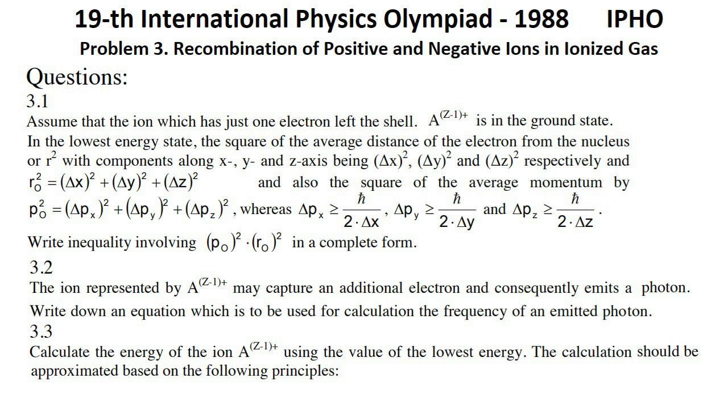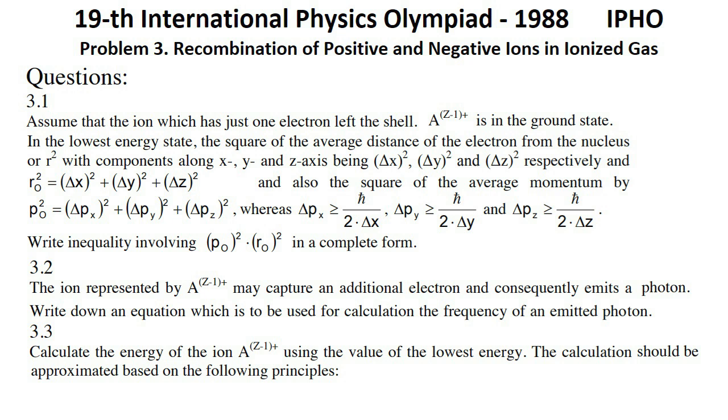In the lowest energy state, the square of the average distance of the electron from the nucleus, r0 square, with components along the x, y and z axes being delta x square, delta y square, delta z square respectively, and r0 square equal delta x square plus delta y square plus delta z square, and also the square of the average momentum p0 square equal delta px square plus delta py square plus delta pz square, whereas delta px is greater or equal to Planck constant over 2 delta x, delta py greater or equal to Planck constant over 2 delta y, delta pz greater or equal to Planck constant over 2 delta z. Write the inequality involving p0 square multiplied by r0 square in a complete form.